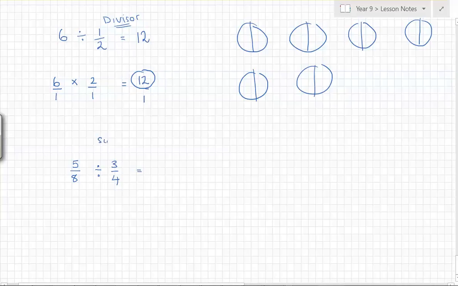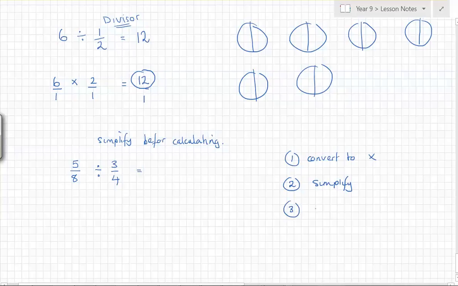So you're going to simplify before calculating. The first thing you have to do, step 1, is convert to multiplication. Step 2 is simplify. Step 3, calculate. So you've got 3 things.